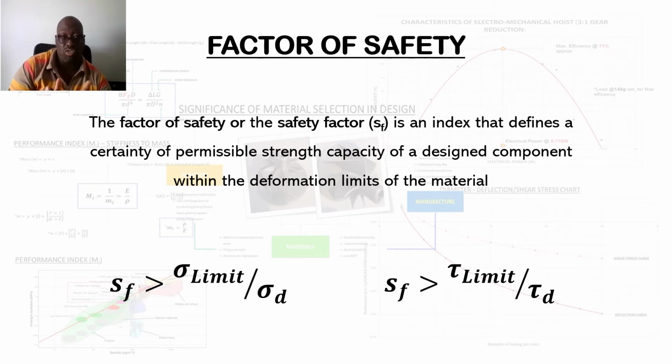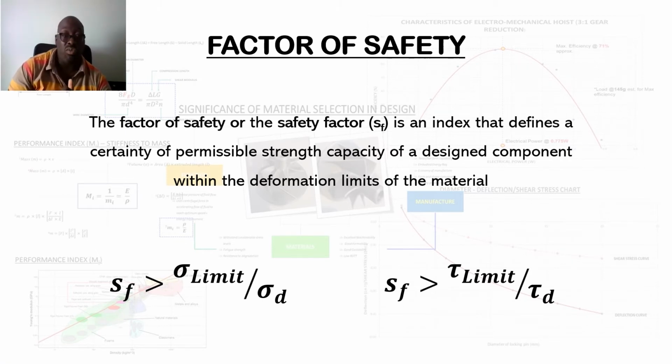So if you have a situation whereby the safety factor is equal to 1, then you're more or less looking at a situation whereby the design limit is more or less equal to the failure limit. So whether the failure limit is at yield or at UTS, that's essentially what's being defined. And considering the fact that we've talked about these uncertainties, it's not really a smart thing as a designer to design your component to yield unless it's done intentionally.